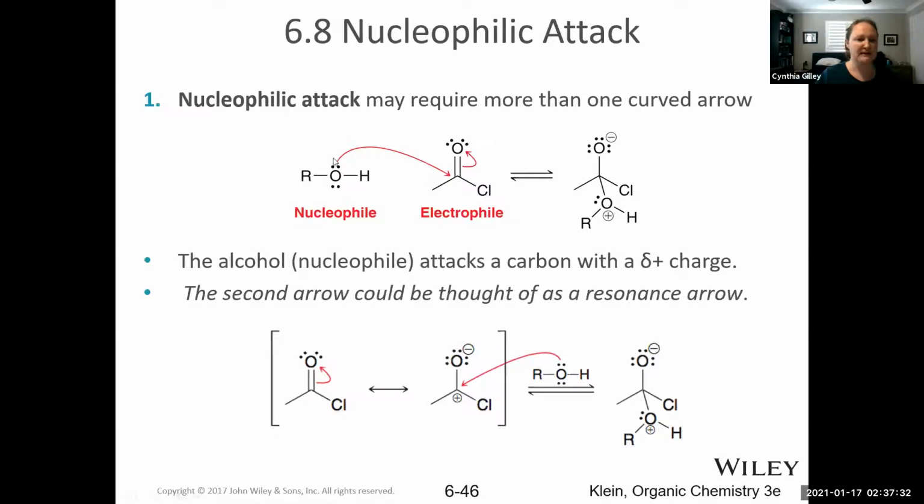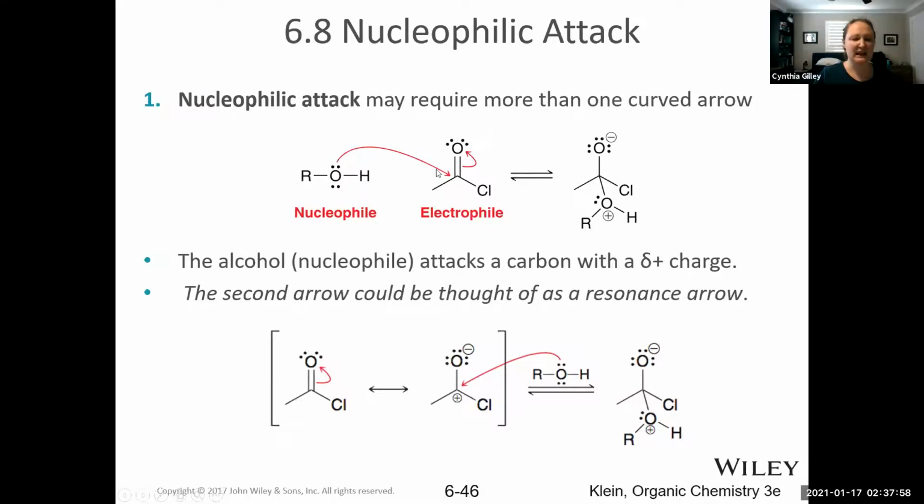The reason is the oxygen, which has a partial negative charge and is nucleophilic, can use one of its lone pairs to form a sigma bond with the carbon, but it cannot do that without something else happening at the same time, because that would violate the octet of this carbon. Remember, we cannot form a 5th bond to carbon, and this carbon already has 4 bonds.